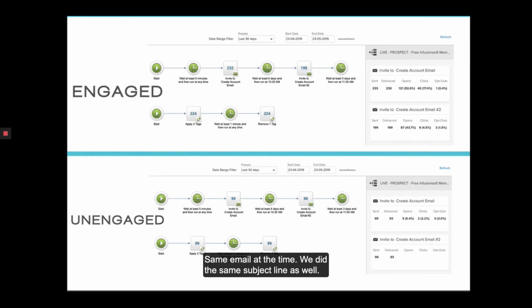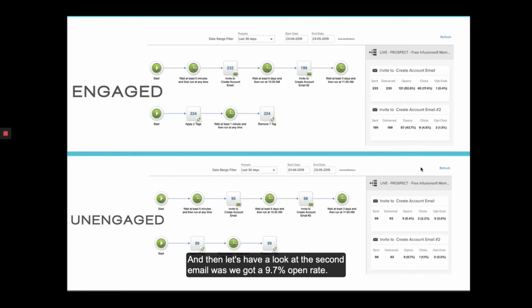Same email, and at the time, we used the same subject line as well. We sent them at different times, but that wouldn't have had a huge impact on the results anyway. But a 5.4% open rate was significantly lower than the 52.6% we had from the engaged group when they got the same email.